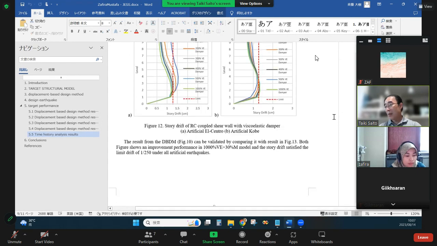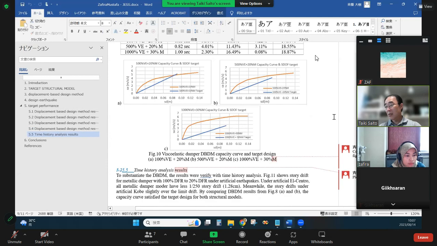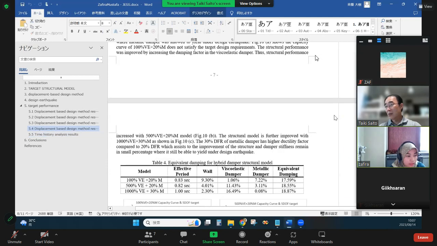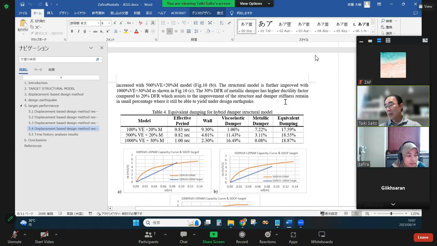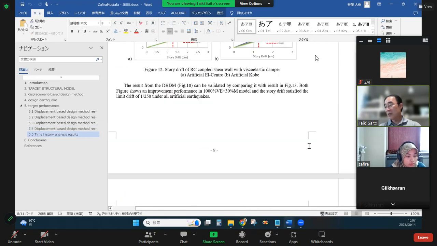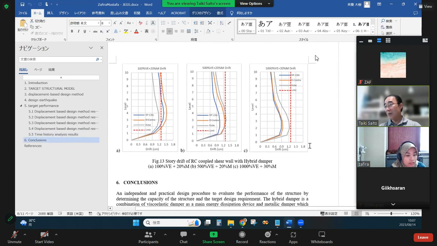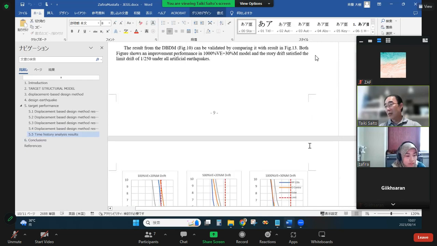And the combination is this one, the hybrid damper, right? And hybrid damper is time history, this one? Yes. Okay, good.